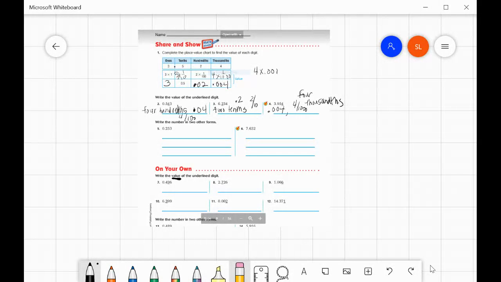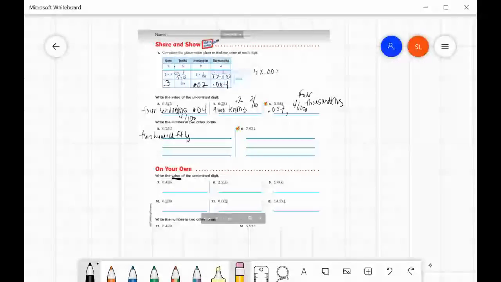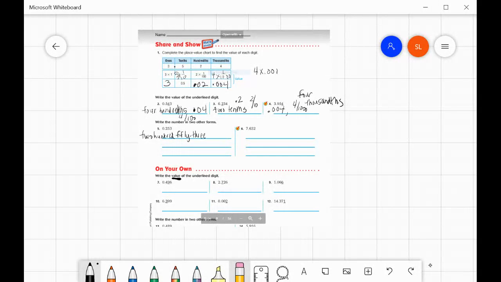So I am going to write 253 thousandths. It's one way to write it.